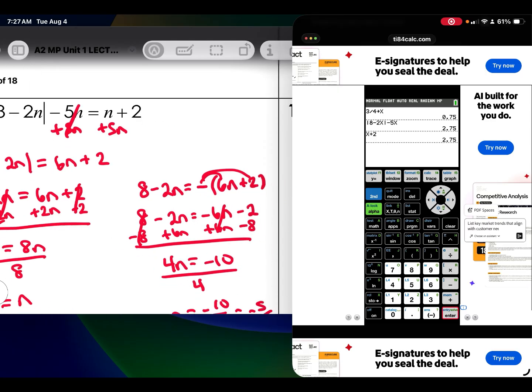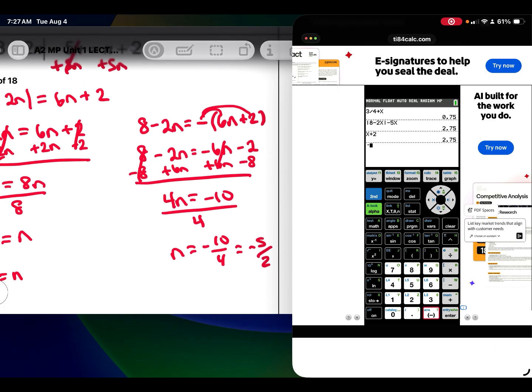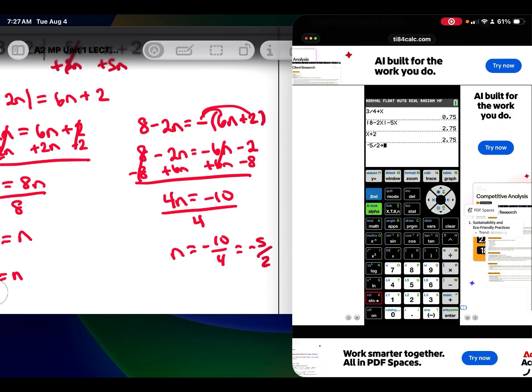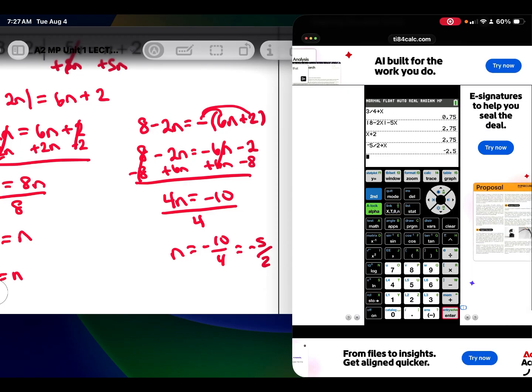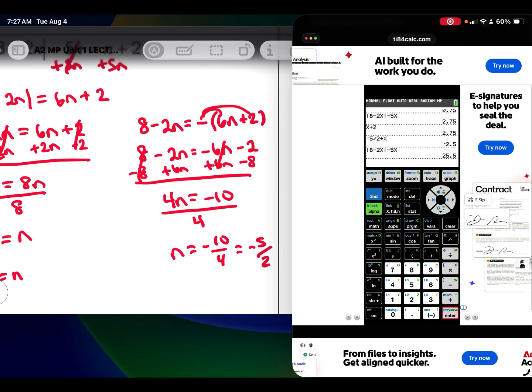Let's do the same thing with negative 5 halves. I'm going to store that as x. And I can go back up and grab this so I don't have to type it all in again. And I get 25.5, and then I can go and grab the second one, and I get negative 1/2.